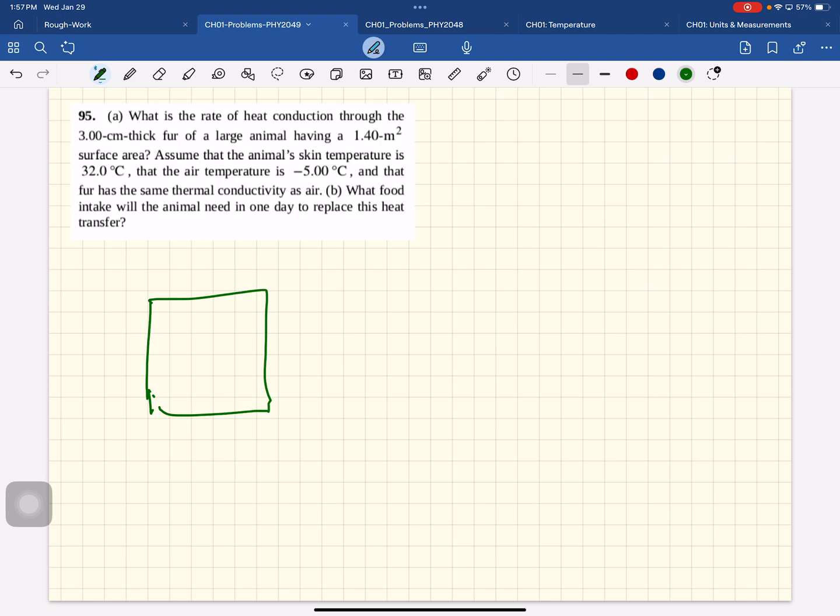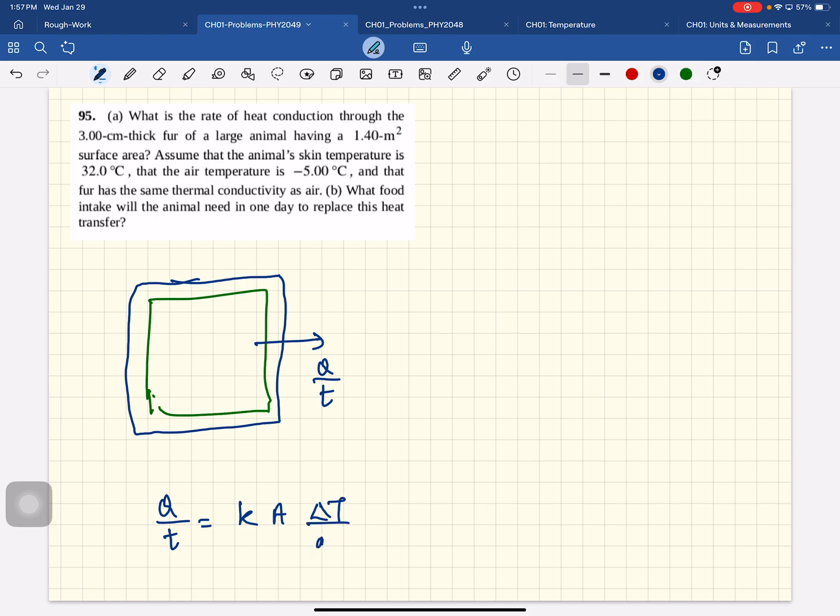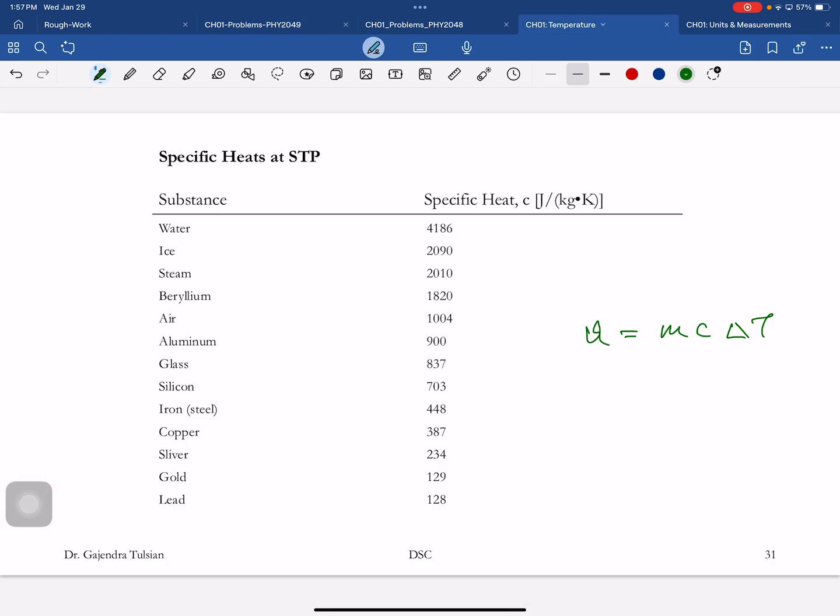So the rate of heat flow is thermal conductivity times the area times the temperature gradient.